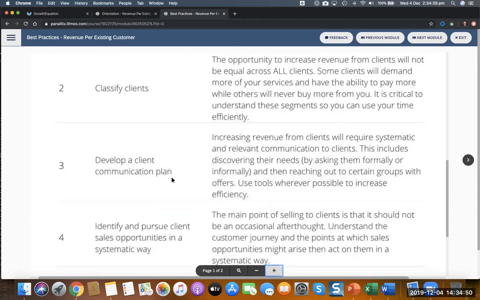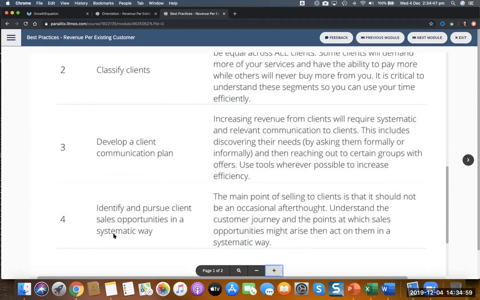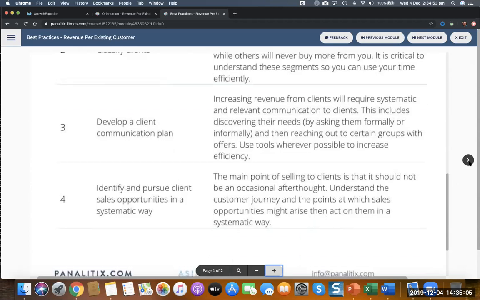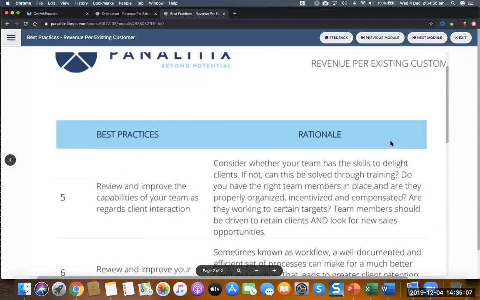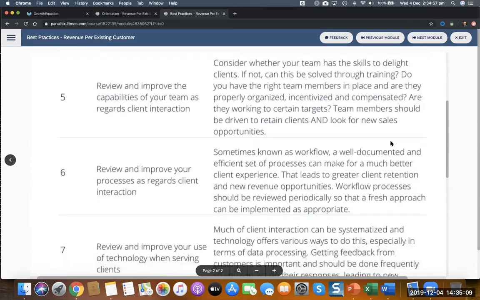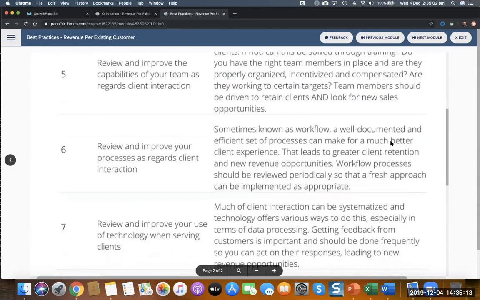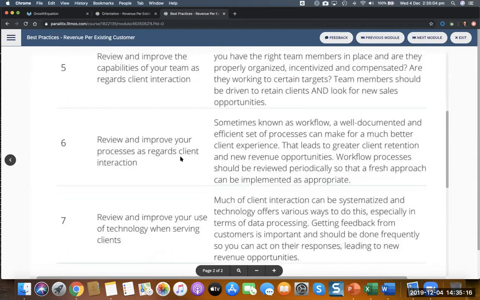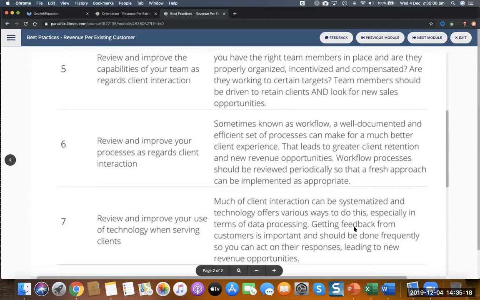Perhaps a client communication plan, if we figure that some customers don't understand everything that the business can do. Perhaps we look at pursuing sales opportunities in a more systematic way. Perhaps there are opportunities there, but they're being missed. And then you'll find another page of those over here. So review and improve the capabilities of the team as regards client interaction, and then processes as regards client interaction, and then perhaps use of technology could be interesting as well.